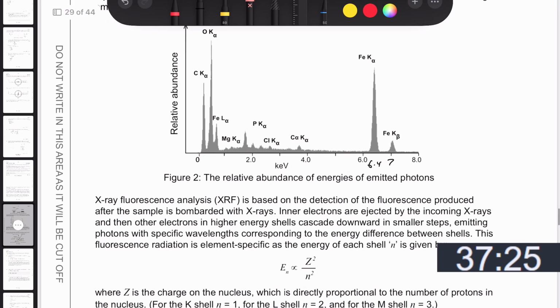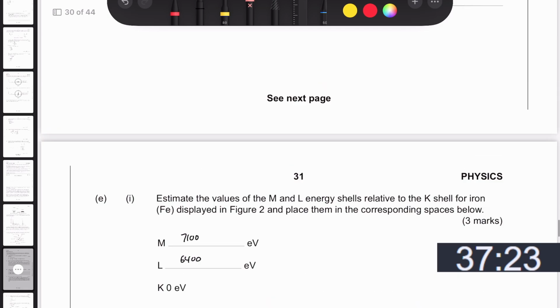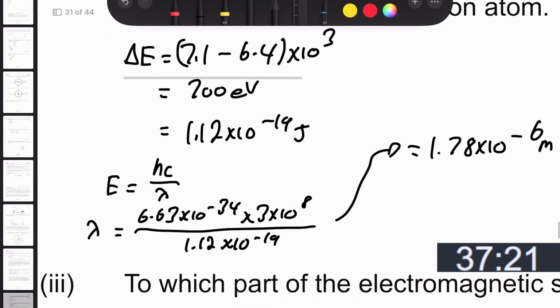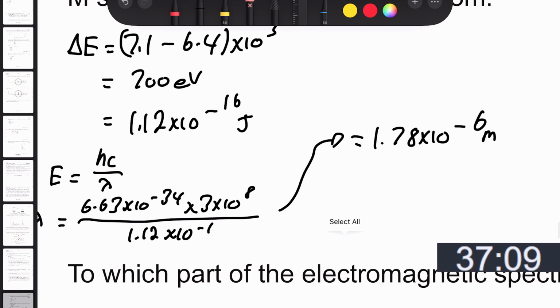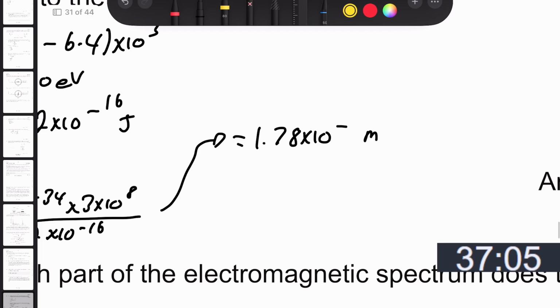Yeah, it says keV. Oh, okay. It's gonna be massive. Everything would just change by a factor of like 1,000, I think. So 16 here. And this will just be negative 3.